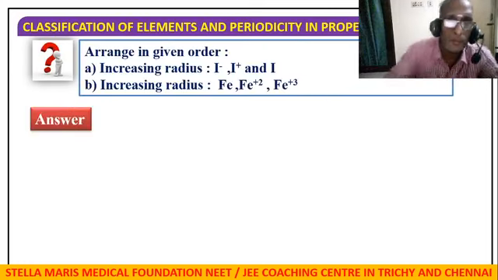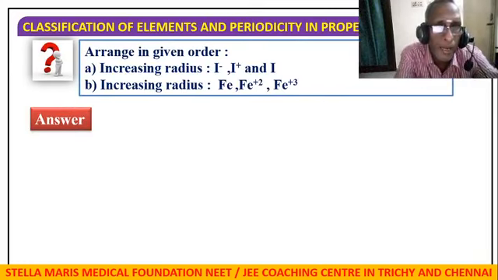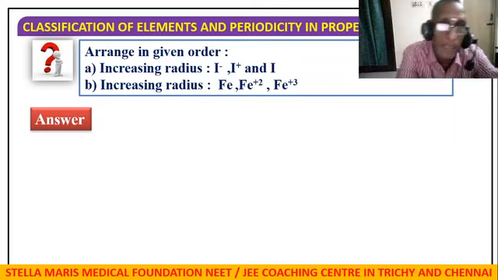Next point. Arrange in the given order: I minus means iodide anion, I plus means iodine cation, I means iodine atom.